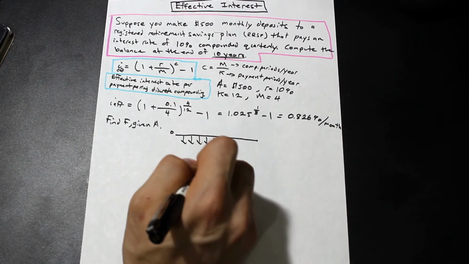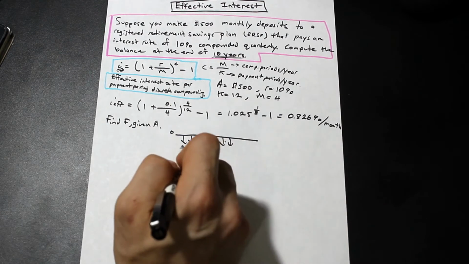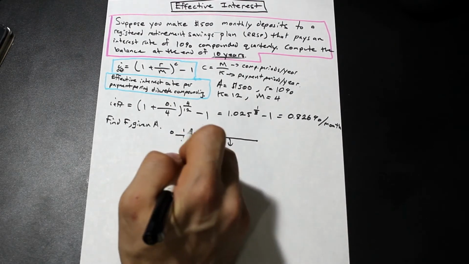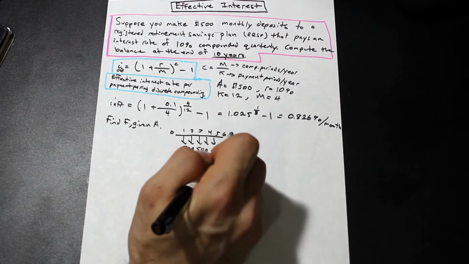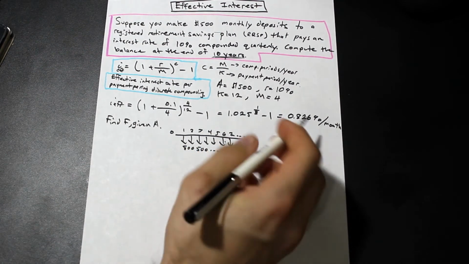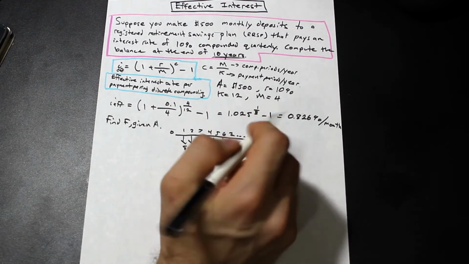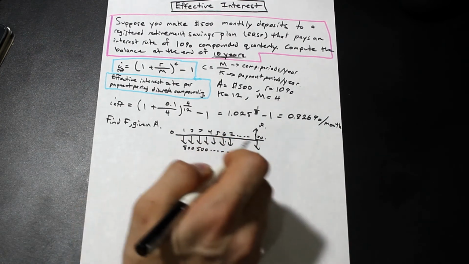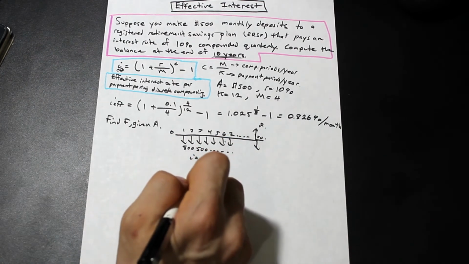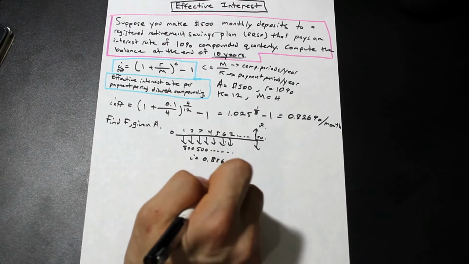We're going to have a bunch of payments of 500, all of these at months 1, 2, 3, 4, 5, 6, 7, all the way up to 120. And at 120, we're also going to have a future value of all of these, where our interest rate is 0.826% per month.